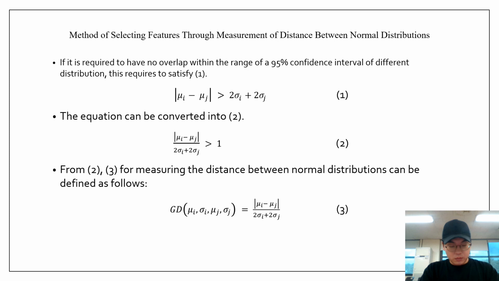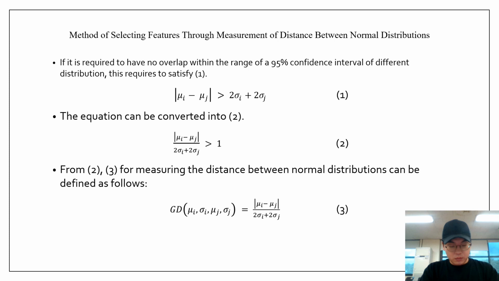A simple equation needs to be created to measure this. If it is required to have no overlap within the range of a 95% confidence interval of different distributions, then the confidence interval of the different distributions must not overlap.